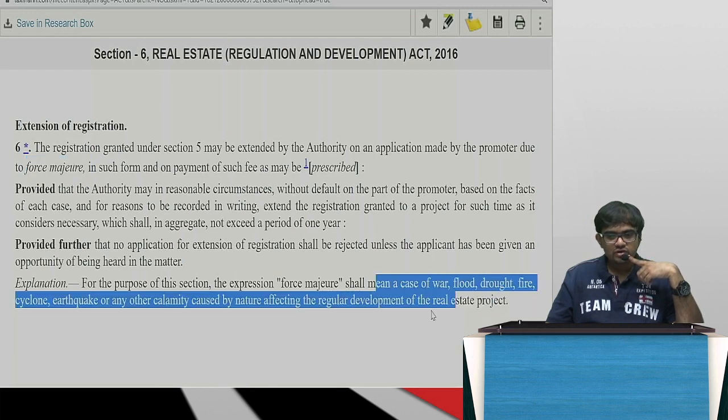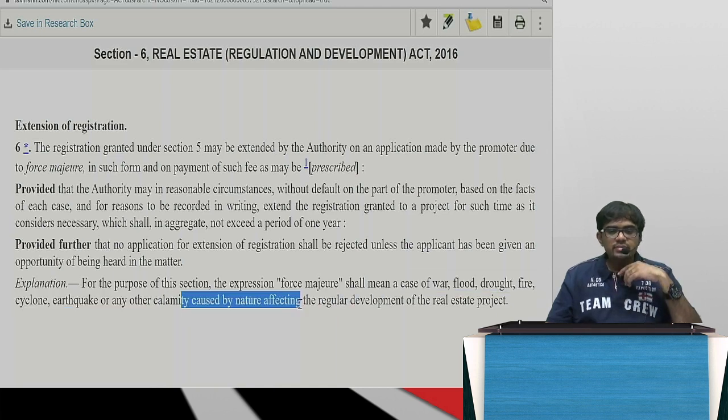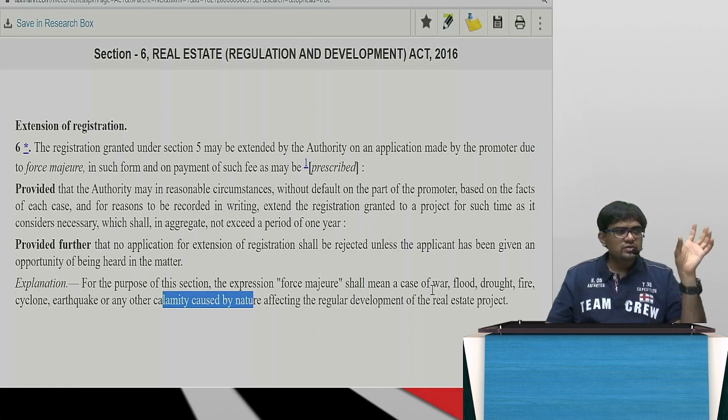War, flood, drought, fire, cyclone, or any other natural calamity. Calamity by nature. Coronavirus, in some court cases, they have held it to be force majeure. But overall, if you see the definition, the explanation says calamity caused by nature. Calamity caused by Chinese and all is not there. So war, flood, drought, fire, cyclone, these kinds of things are what they have to see.